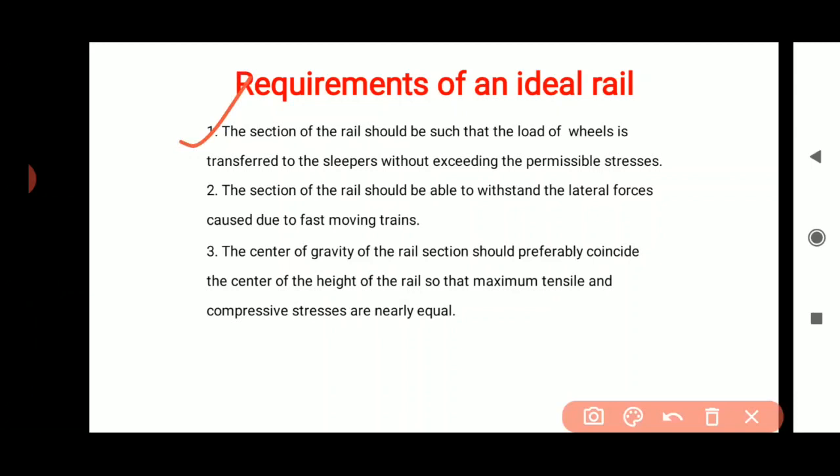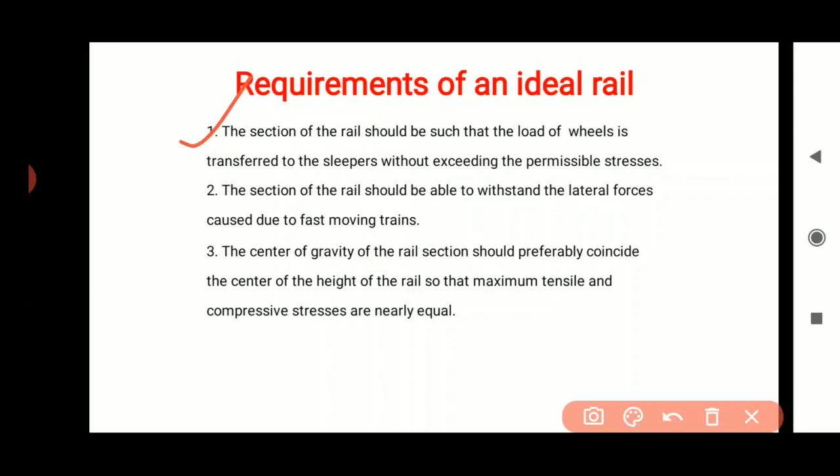That means the load coming on the rail should be less than the stress the rail can bear. The external load should be less than the permissible stress of the rail.